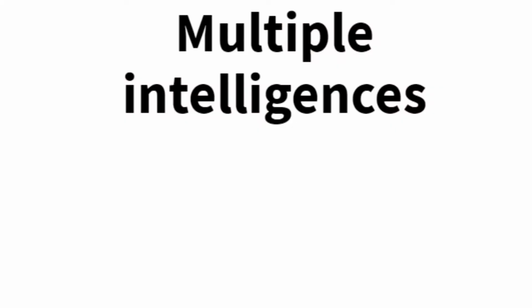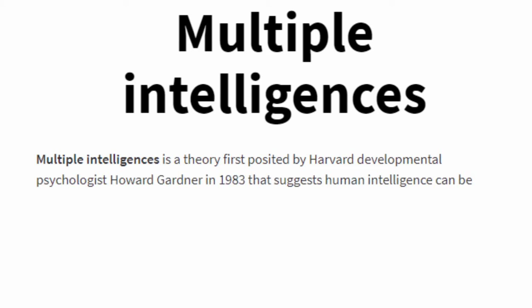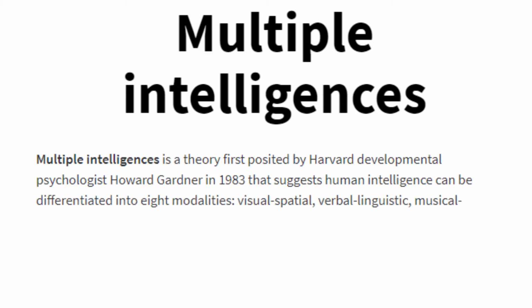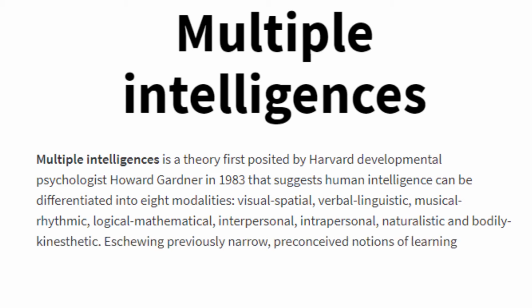So what is multiple intelligences? Top Hat gave this definition. They said it's a theory first posited by the Harvard developmental psychologist Howard Gardner in 1983. It suggests that human intelligence can be differentiated into 8 modalities: visual, spatial, verbal, linguistic, musical, rhythmic, logical, mathematical, interpersonal, intrapersonal, naturalistic, and bodily kinesthetic.